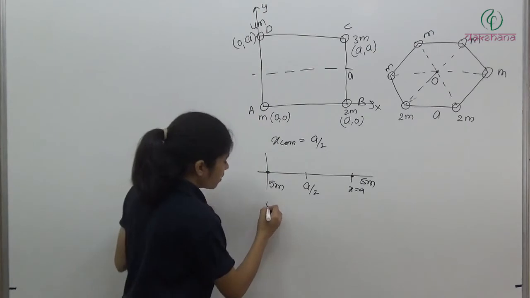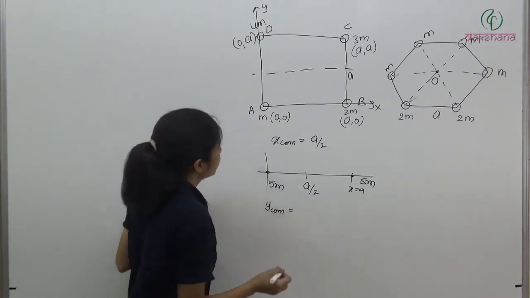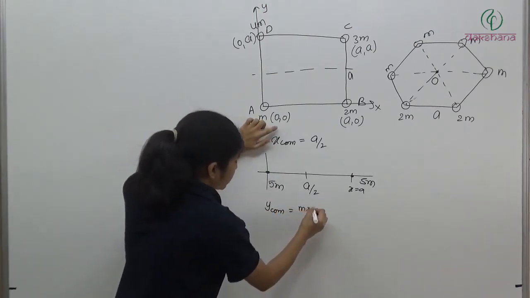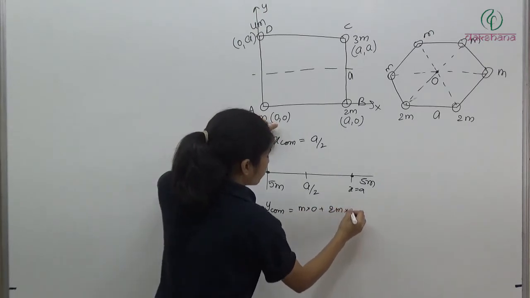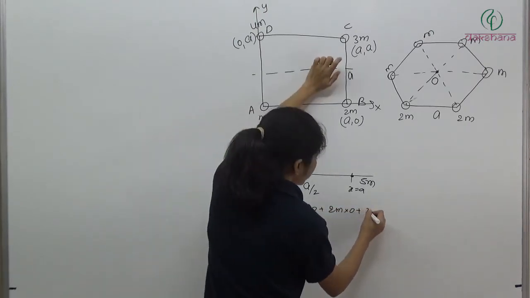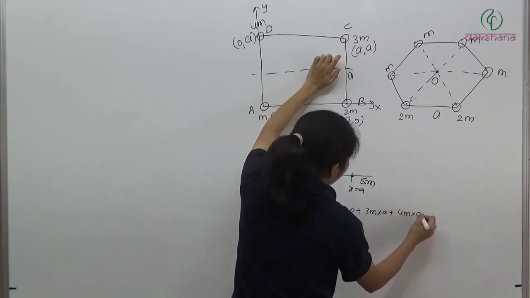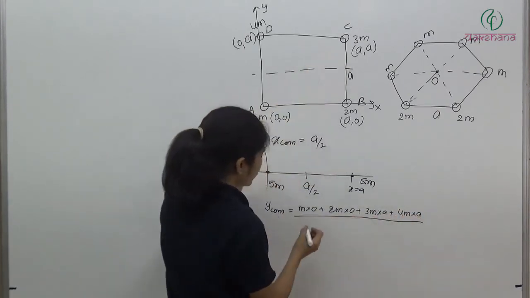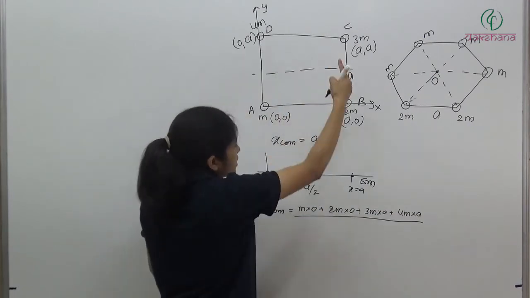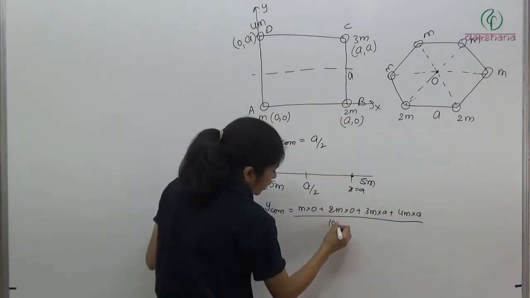So y of center of mass will be m1y1 plus m2y2 plus m3y3 plus m4y4 divided by total mass. We have 4 plus 3, 7, 9, 10, so 10m.